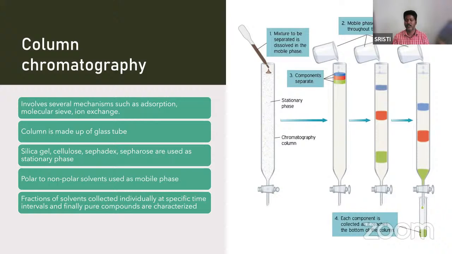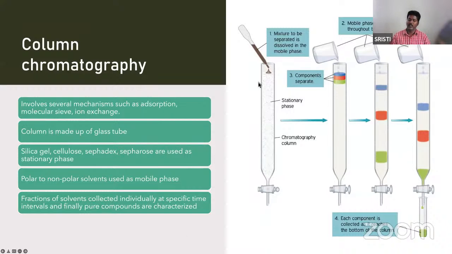The bead size determines the porosity of the column material, which also helps in determining the elution of your compounds. From polar to non-polar solvents, different mobile phases can be used in this method. Fractions of solvent are collected individually at specific intervals, and finally the pure compounds are obtained.